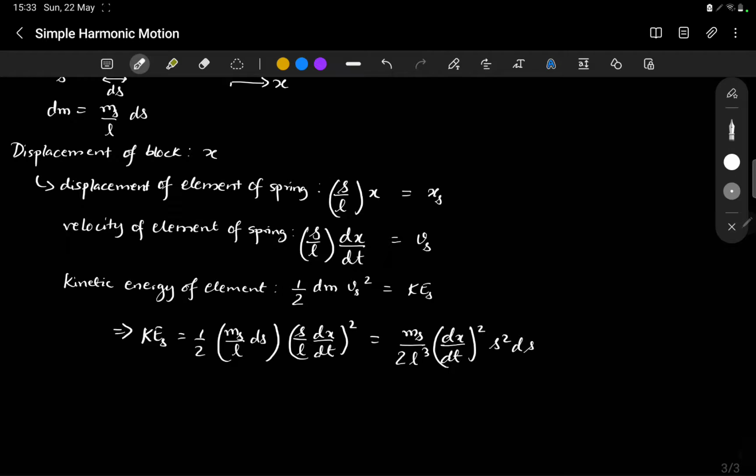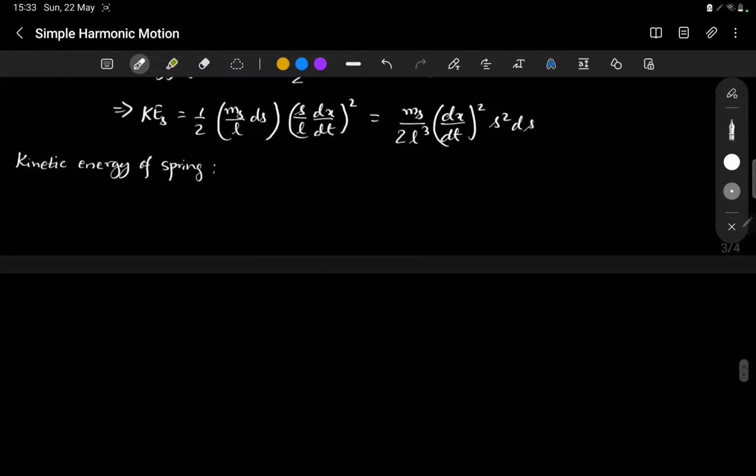So the total kinetic energy of the spring would be found by adding up the kinetic energies of each of the elements, or essentially integrating.